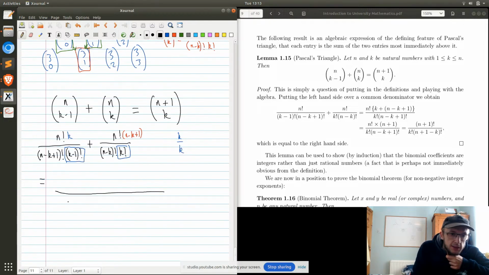So what was it? So it's going to be this on this times this. That's going to be on the bottom. And then this is what's going to be on the top. Or so I believe.